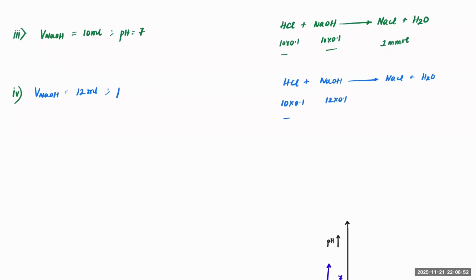So this will get over with, and you will have 2 millimoles, correct? So this will be 0.2 millimoles left, okay, and 1 millimole of NaCl formed.